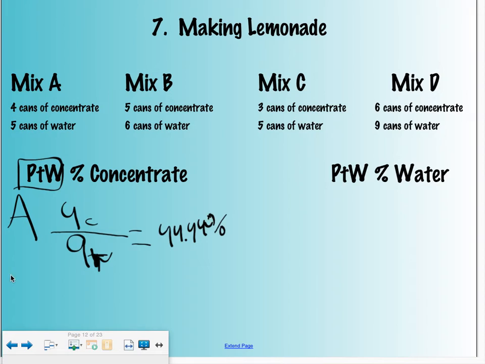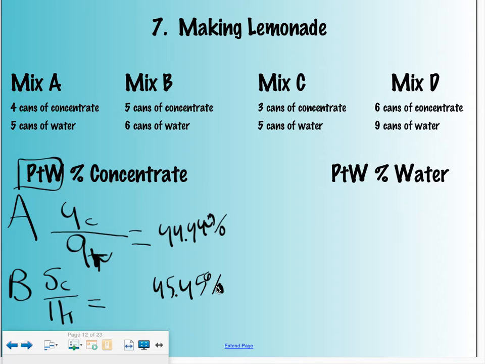Alright, so B, for example, it would be 5 concentrate out of 11 total. And when you divide that and multiply through by 100, you would get 45.45%. Would it be 5 concentrate of 9 because it's part to whole? So 5 plus 6 for B. Yeah.